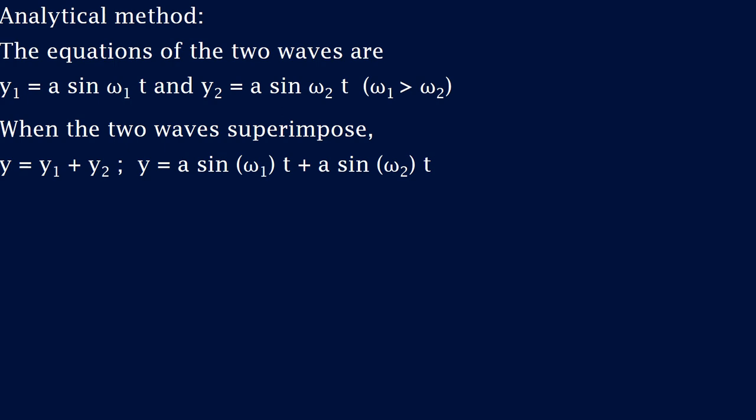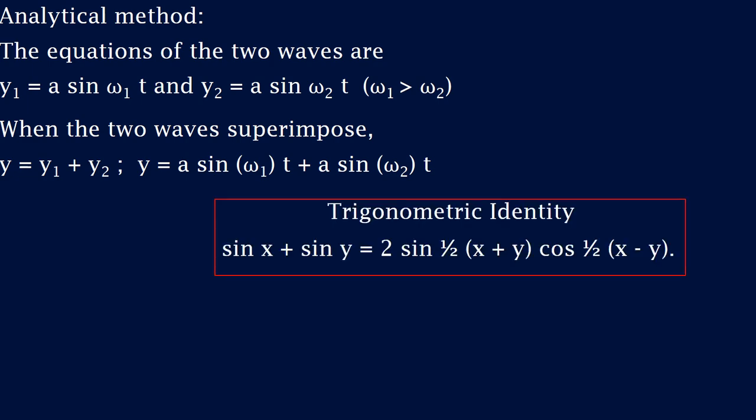The equations of these two waves are y1 equals a sin omega 1 t and y2 equals a sin omega 2 t. With the two waves superimposed, the resultant displacement is given by y equals y1 plus y2. Therefore, y equals a sin omega 1 t plus a sin omega 2 t.